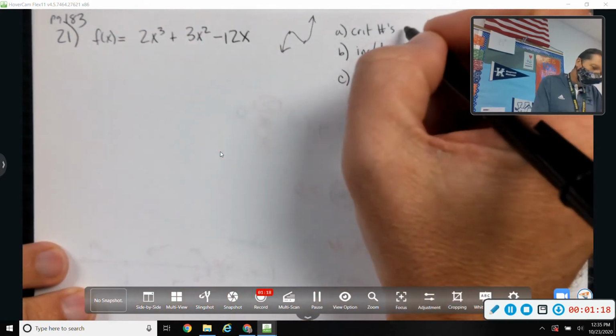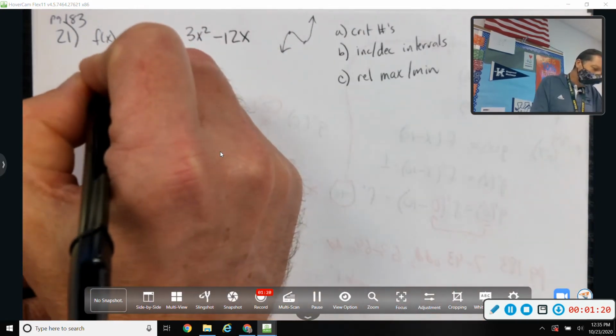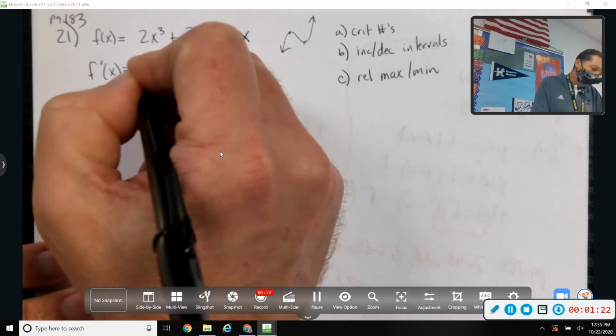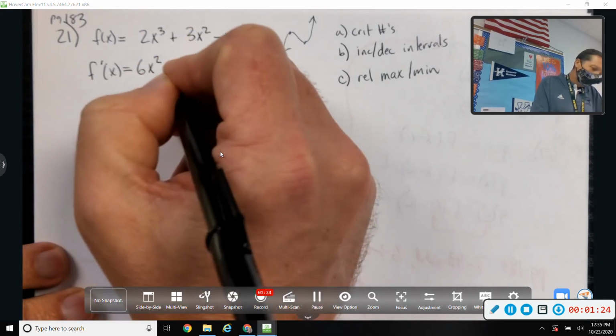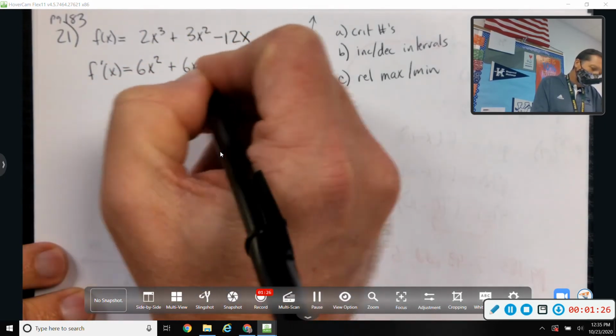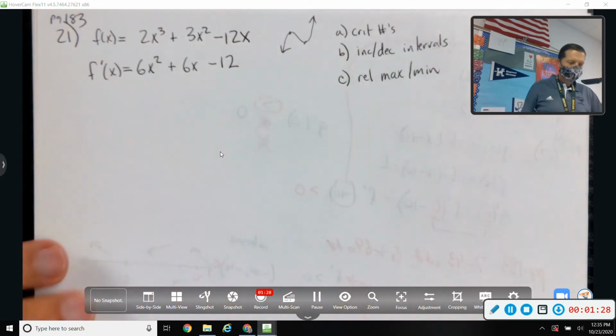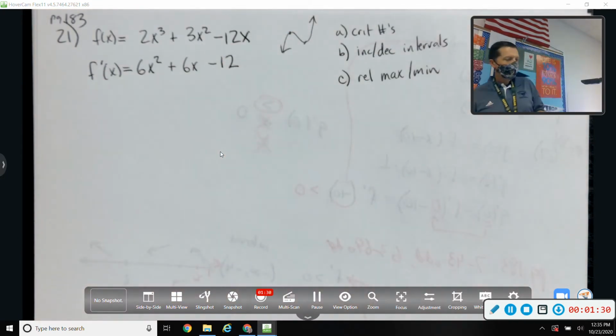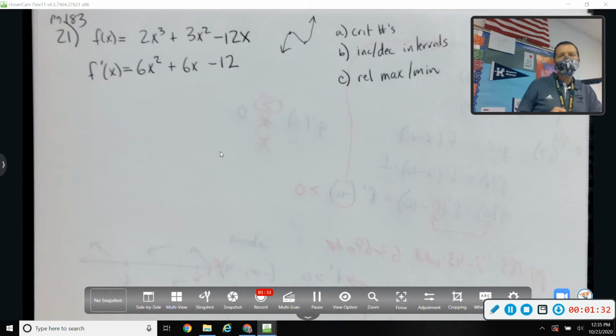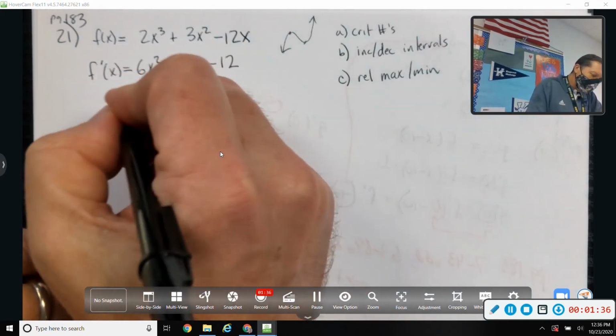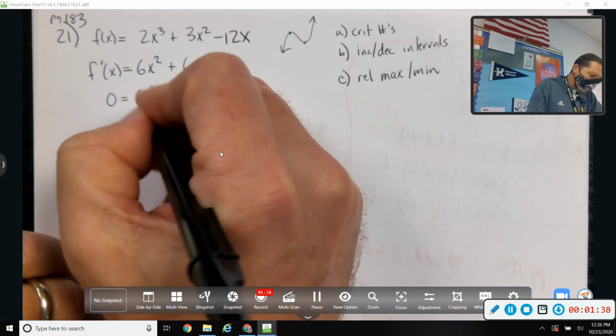All right, so critical numbers, that's where f prime is 0 or undefined. So 6x squared plus 6x minus 12. That's not undefined anywhere. It's a polynomial, so it's defined everywhere. But we can set it equal to 0.